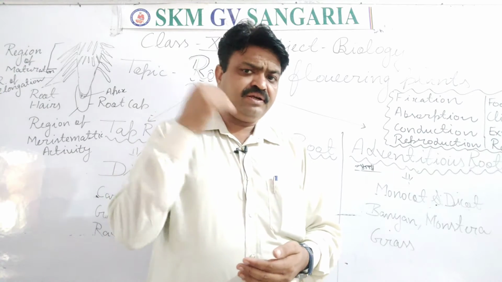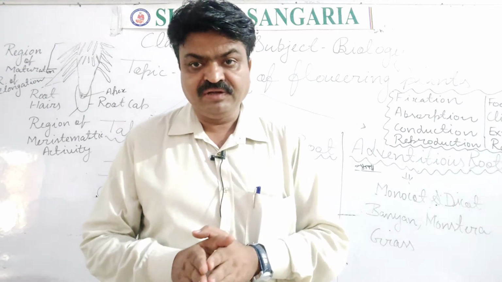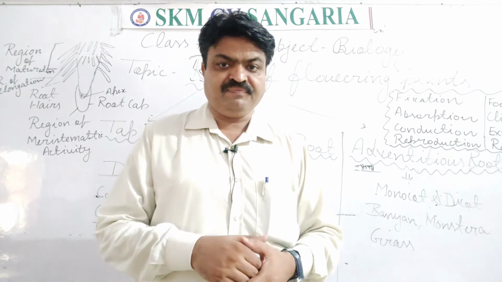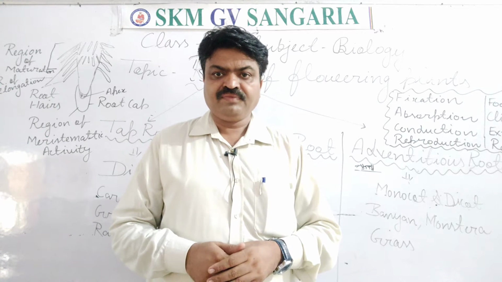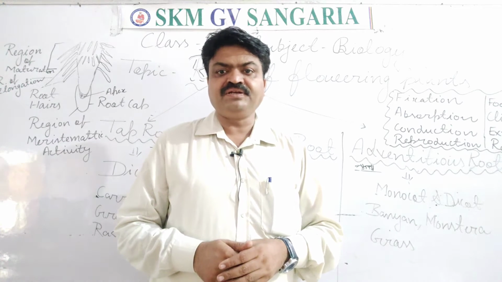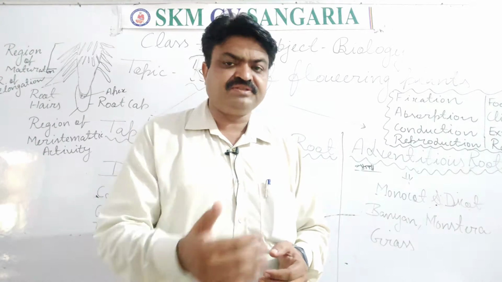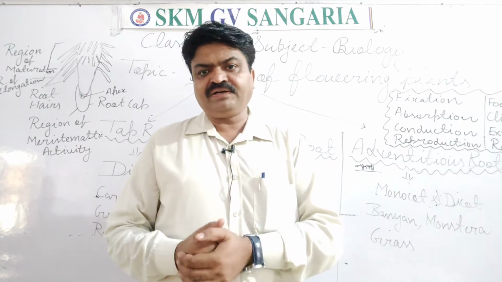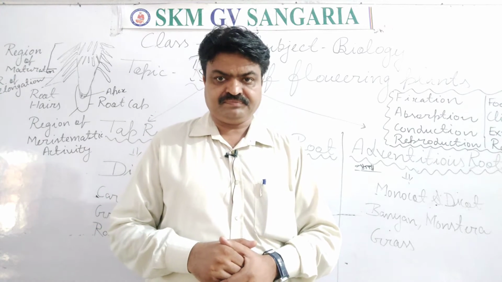Most of the dicot plants have the taproot in them, and the taproot is a thick and fleshy root. When the seed is grown in the soil, the seed germinates, and at the time of germination the embryo has two parts.